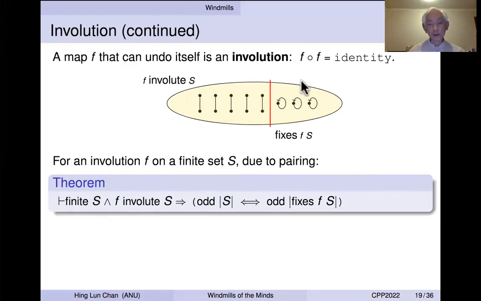So if the number of elements of the overall set is odd, it must mean that there is an odd number of fixed points. And also, if there is an odd number of fixed points, then the overall number of elements of the set must be odd.